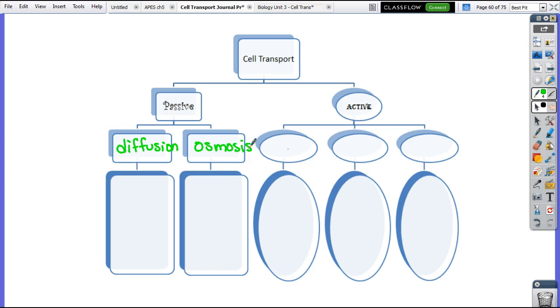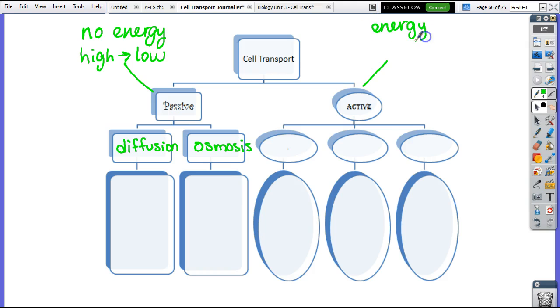If you want to write above this, you can, you don't need to. But for passive, we get no energy used, and it's always going to be from high to low. Active uses energy, and typically low to high.